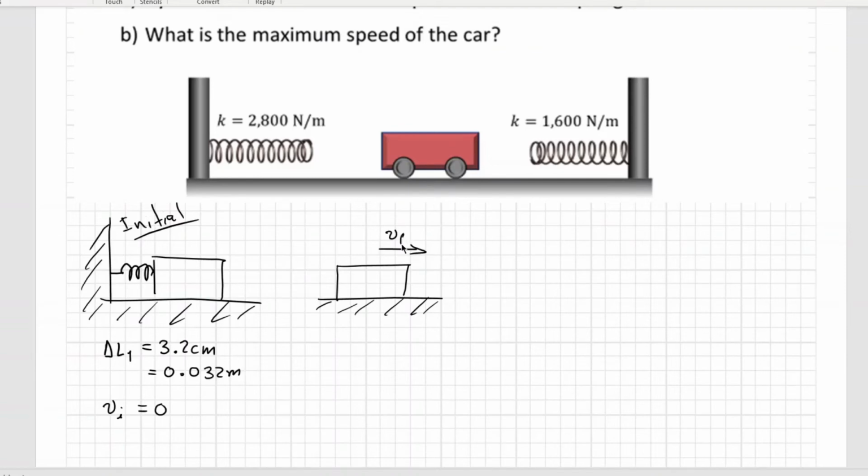So it will have some final velocity that will be different from 0. This is what we are trying to find. And the compression for spring 1, since the car is not in contact with the spring anymore, will be 0. So the spring is completely relaxed at this instant.